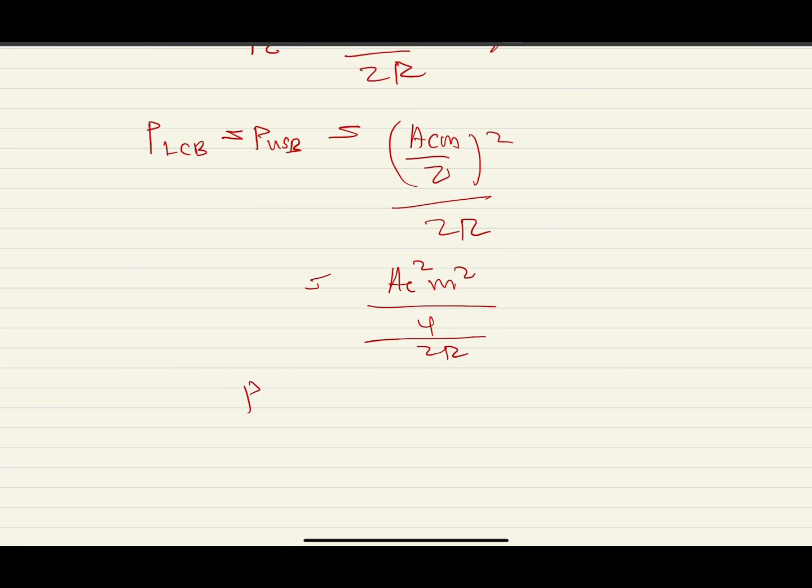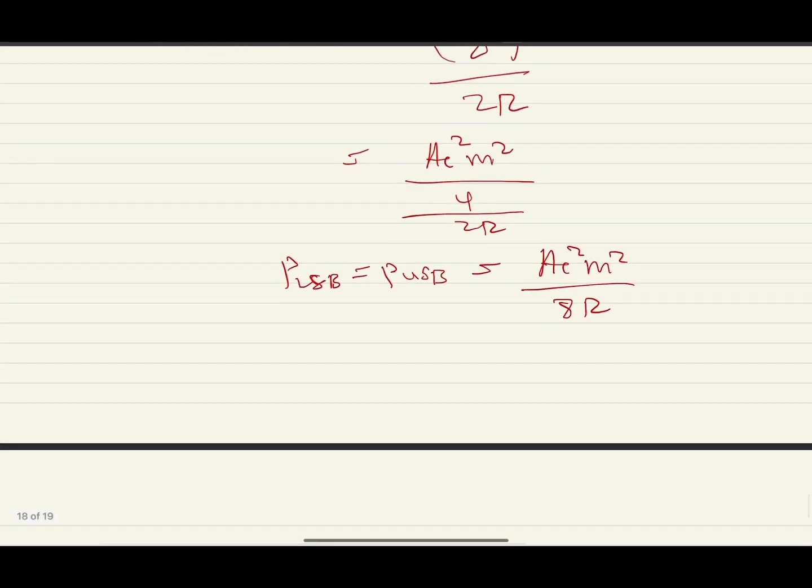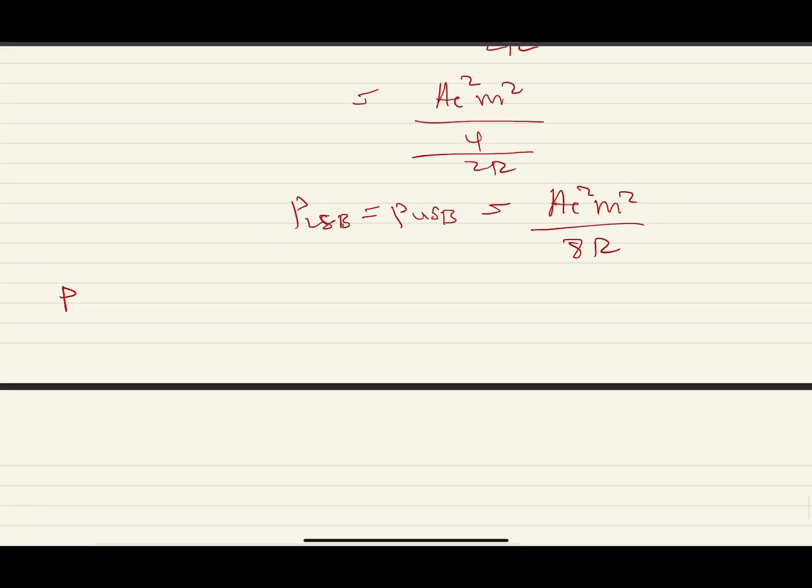At the end of the day, PSB is equal to AC squared m squared over 8R. So these are the various power requirements. If you are asked to calculate the total power requirement of an AM modulated signal, P total is equal to the P of the double sideband PC, plus the P of the lower sideband, plus the P of the upper sideband.